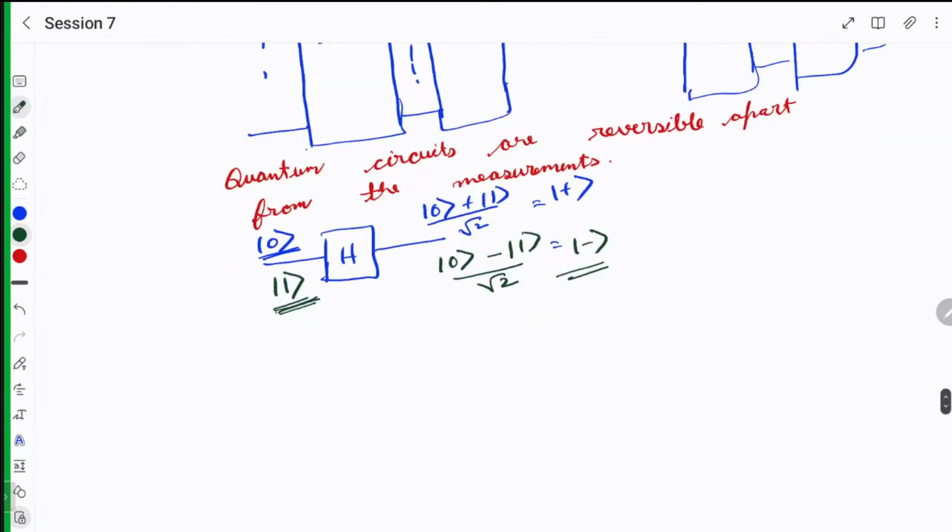So if I want to go the opposite way, so if I want to start at ket 1 and go to ket 0, or if I want to start at ket minus and go to ket 1, then what should I put here?